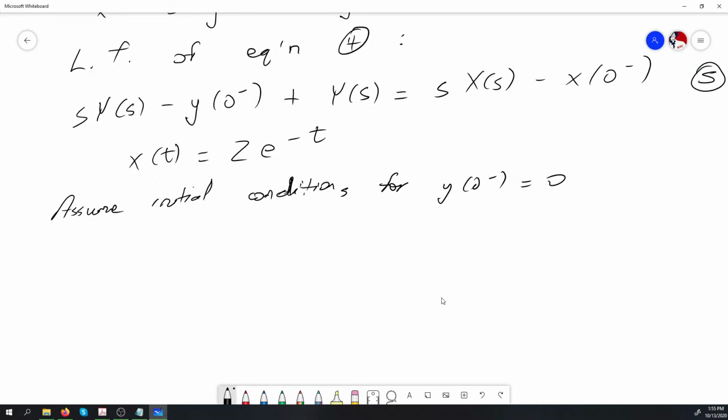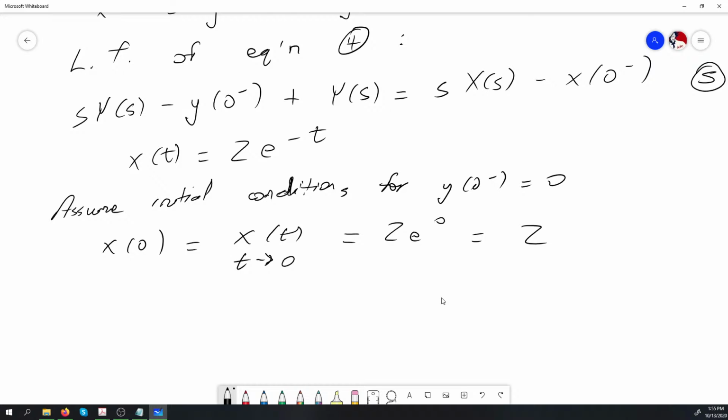Equal to 0. However, because we have our x of t equation here, if we look at x naught, this is x of t as t tends towards 0. That becomes 2e to the power 0, which gives us a value of 2.